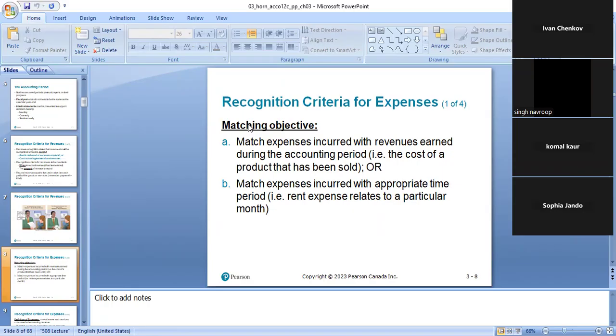So if the service is delivered from January 1st to January 31st, all the expenses related to that revenue have to match that revenue. So expenses incurred with the revenue earned during the accounting period, and match expenses incurred with the appropriate time period.